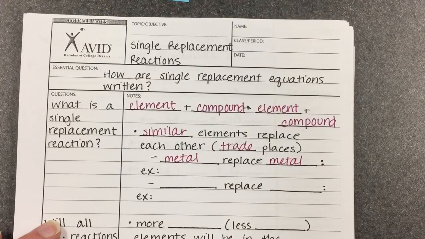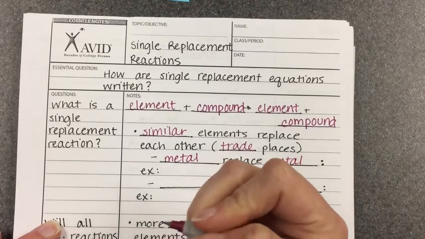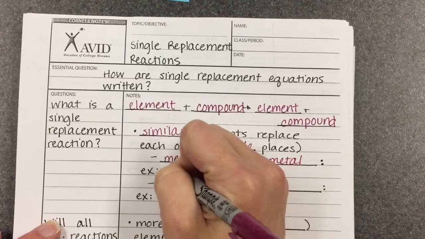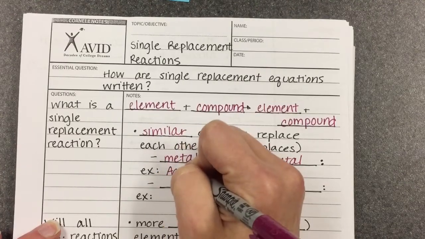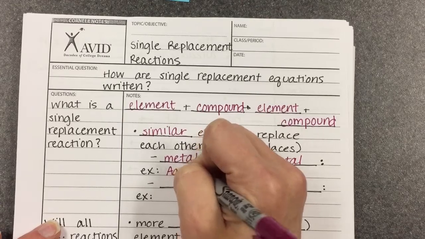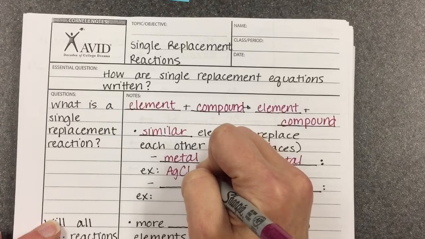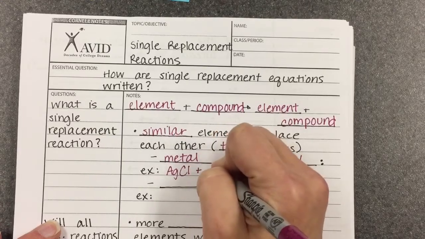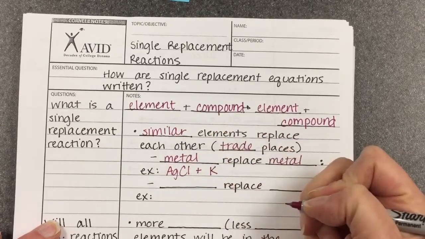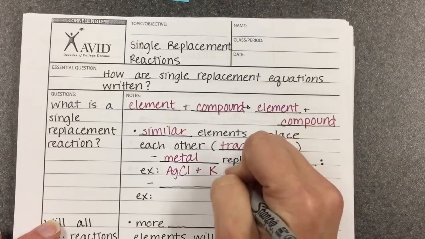Okay? So for example, if I had silver chloride, so there's my compound. I have silver chloride. And I put a piece of potassium in there. That's the element.